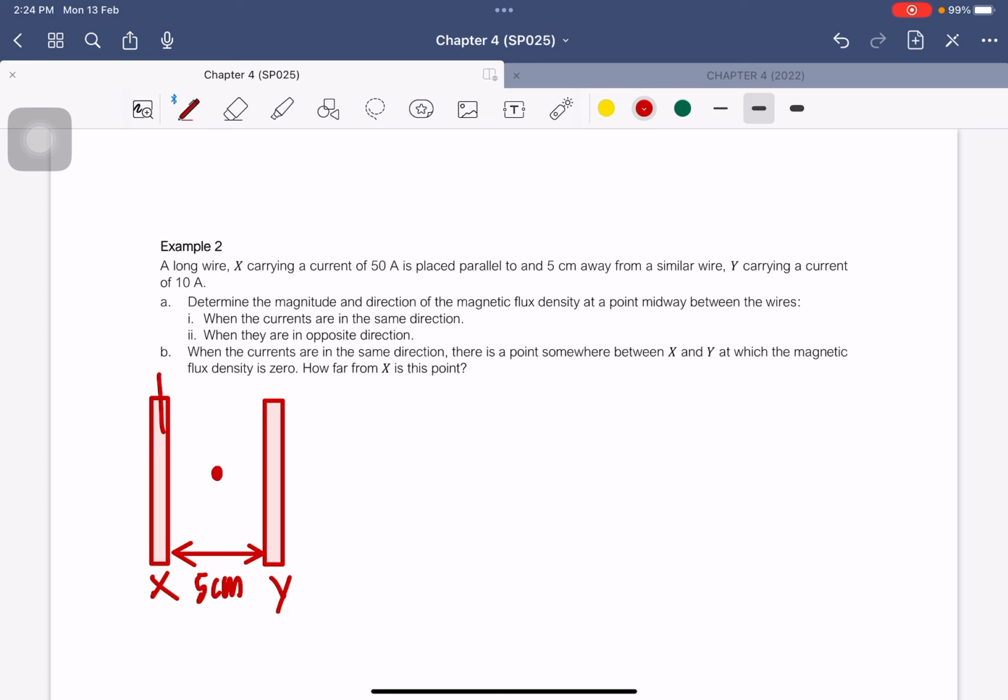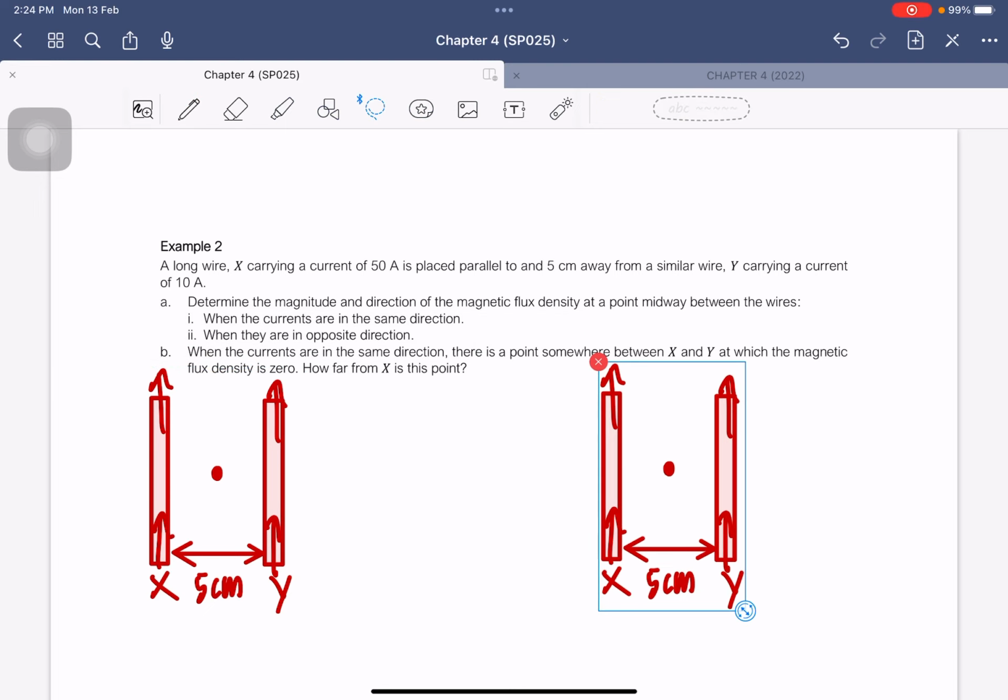So at this point here. So we have to determine it when the currents are in the same direction and when they are in opposite direction. Okay, so this is in the same direction. And then do the same thing, but in the opposite direction.